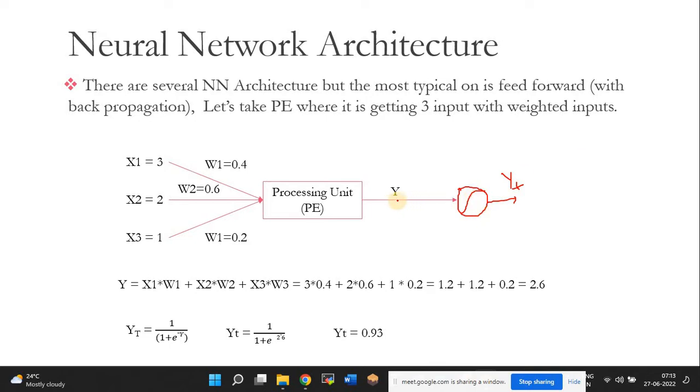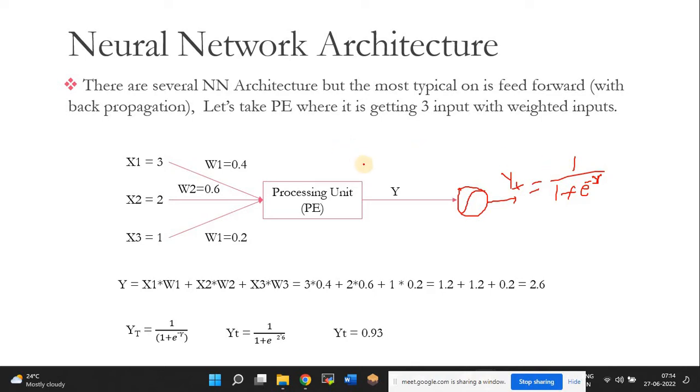Now what is the value of y here? This total processing unit function, which is x1 into w1 plus x2 into w2 plus x3 into w3, going through this processing unit, gives me 2.6, and that 2.6 is the input to this neuron, where yt is equal to 1 by 1 plus e to the power of minus y.